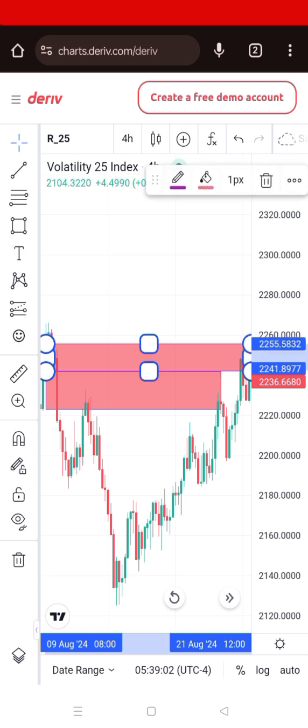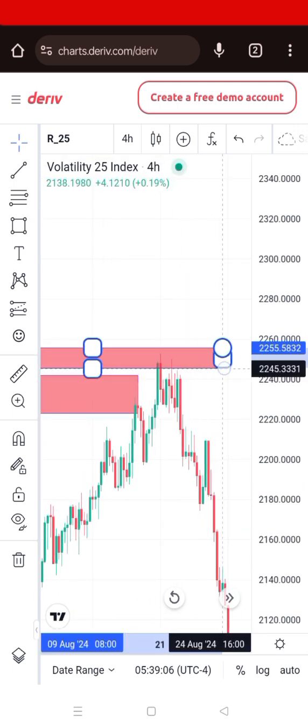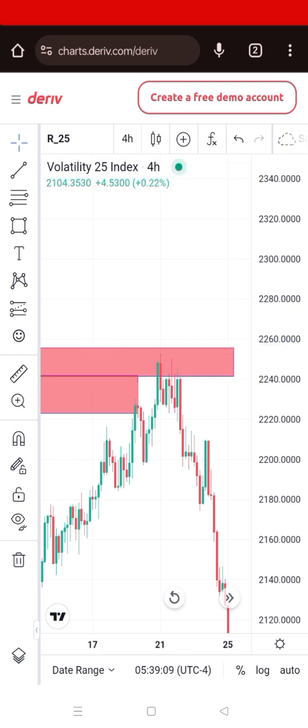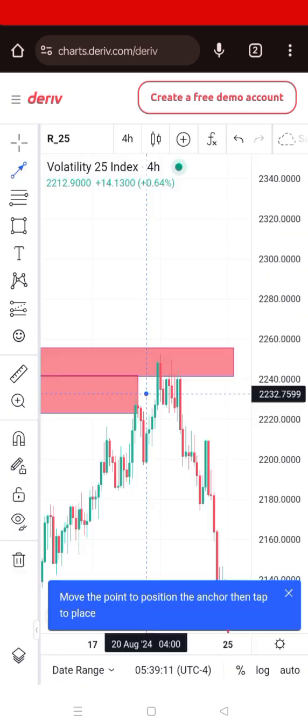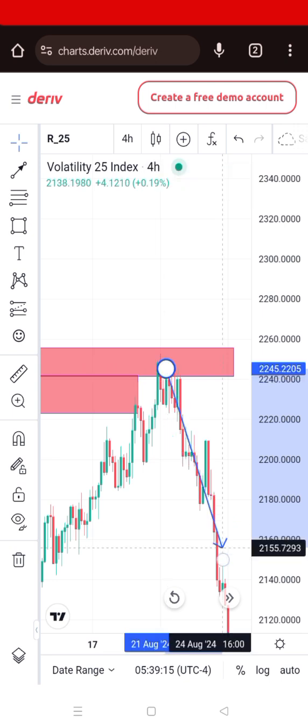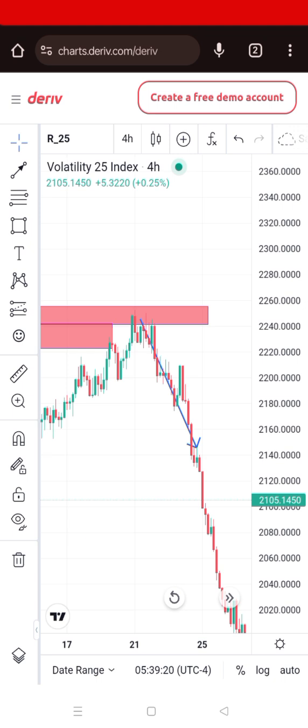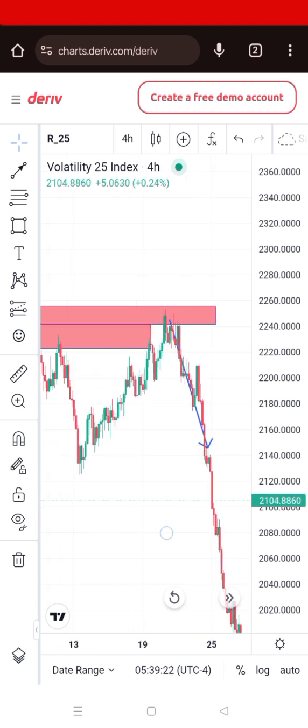We are now moving down. So you can spot when the market reached that point, it went drastically down. And that's it, guys. That's the way we identify valid order blocks, by checking whether they have been followed by inefficiencies or fair value gaps.